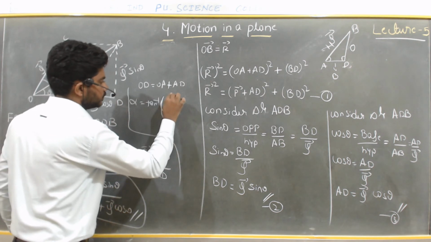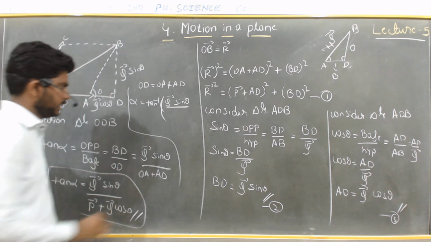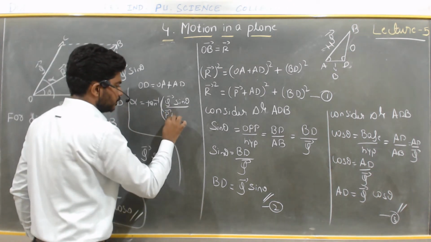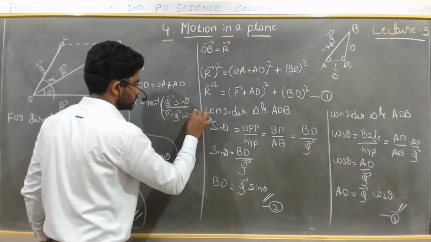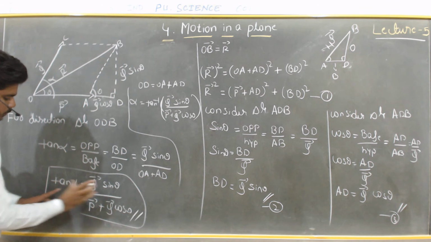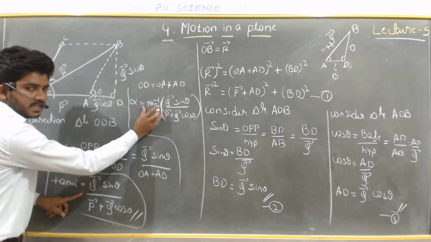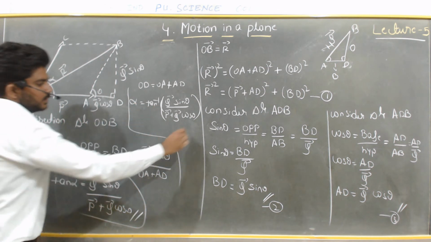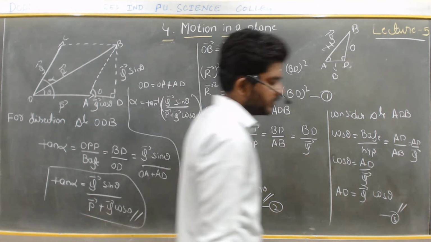So Q sine theta divided by P plus Q cos theta. So this is also right. I have just shifted tan to the RHS side. If we shift tan to the RHS side, it becomes the inverse function, right?